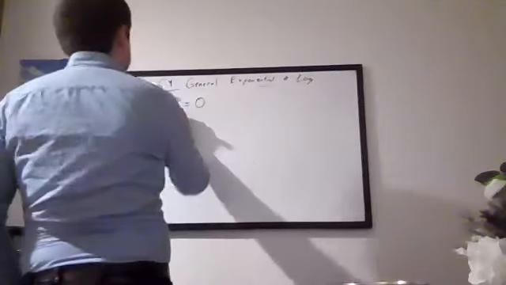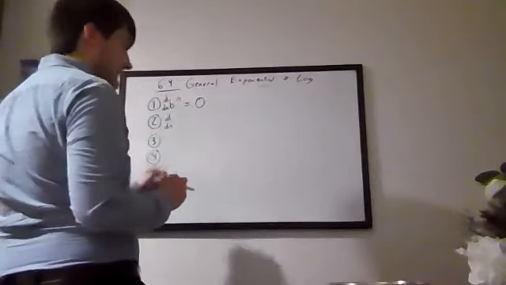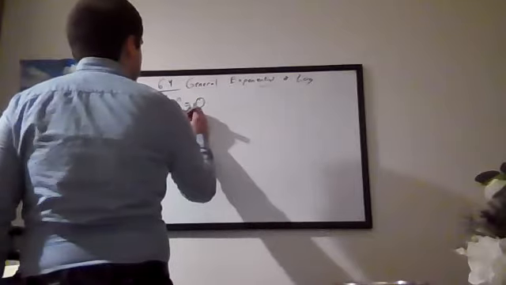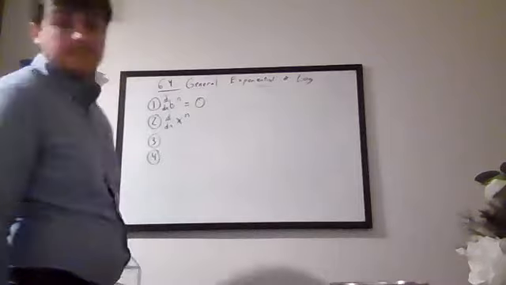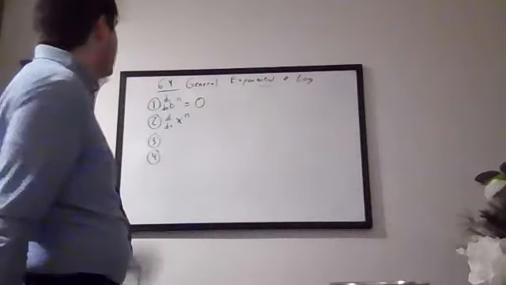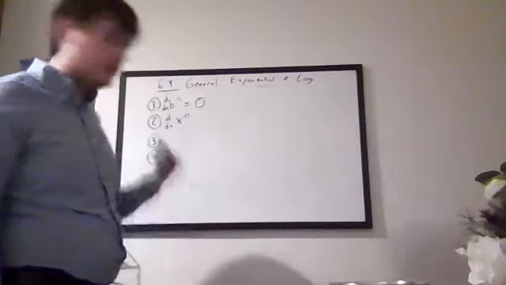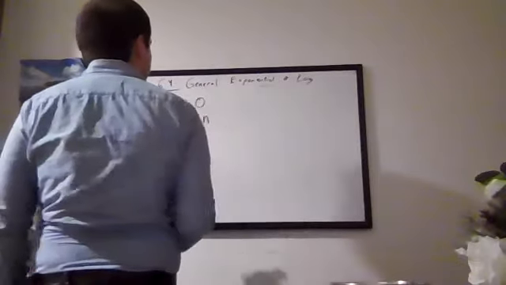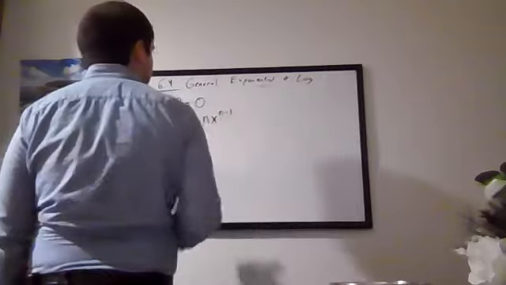The second one is the derivative where I'm not going to have this base b now, but instead I'm going to replace it with x and raise it to the n power. When I take the derivative of this, this should remind you of our normal power rule. The power rule says that I take the power, which is n, multiply it in front times x, and raise that to the n minus 1 power.